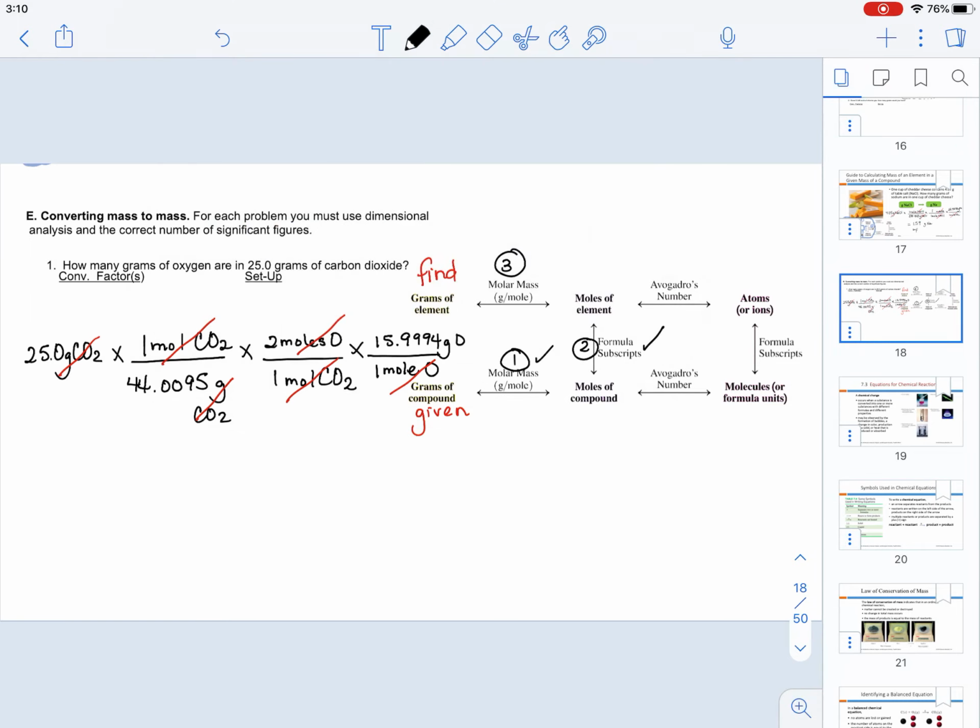So my final answer, rounded to 3 sig figs, is going to be 18.2 grams of oxygen. And this is how you do a problem in which you're given grams of a compound and you're trying to find grams of a particular element in that compound.